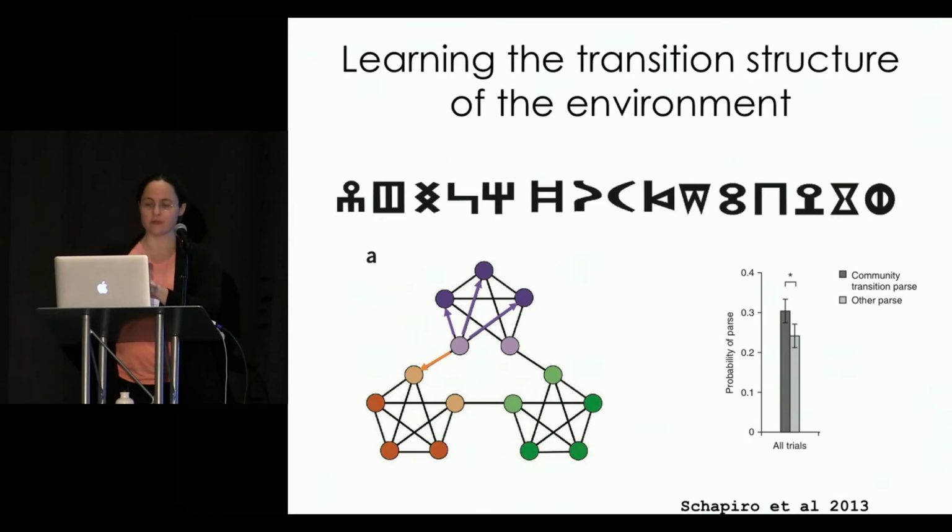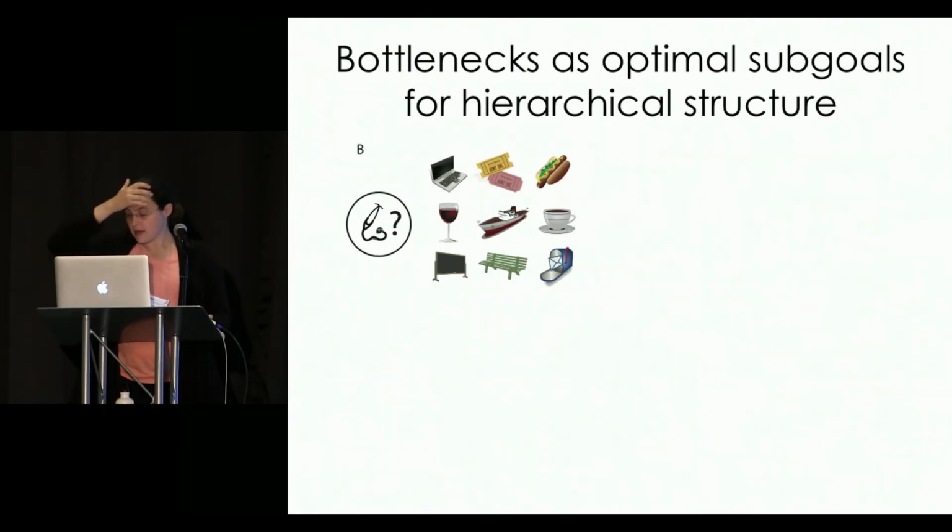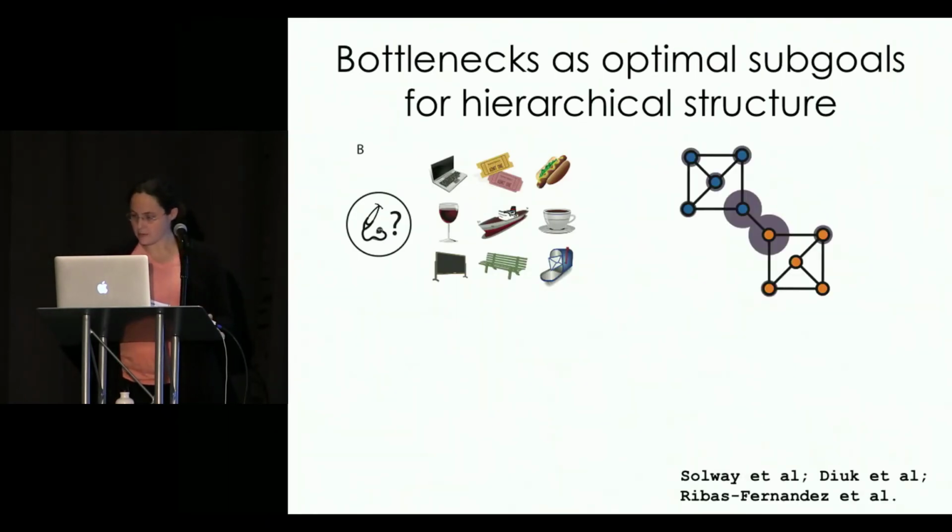So this is purely observational in this case, and what researchers took one step further was asking whether people actually use this for decisions. So to make this the goal of options, and that's what Alex Solway and colleagues found. So they did a similar task in this case.